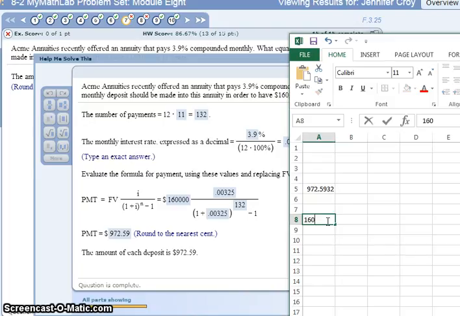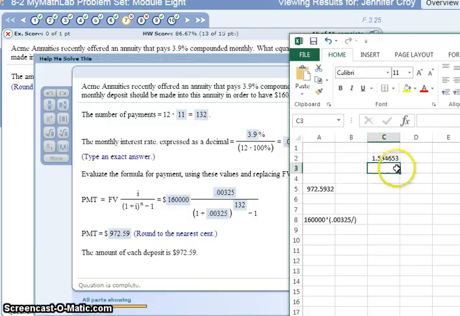So you have 160,000, and you want to multiply by this whole thing, so 0.00325 divided by, and let's go somewhere else and calculate what that bottom should be rather than worrying about getting all the correct parentheses. So the bottom should be 1 plus 0.00325 raised to the 132 power.